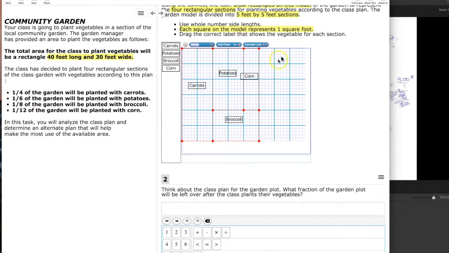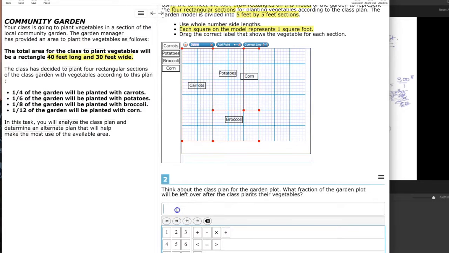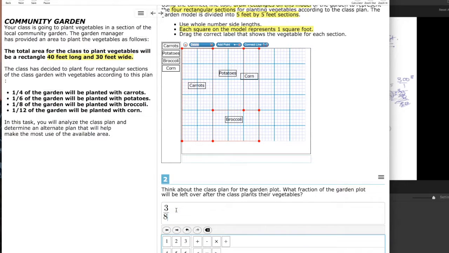Well, we've got 18 squares out of how many? We had 48 total. So we've got 18 of those 5 by 5 foot squares, 18 out of 48 total, which gives us 3/8. So there's the fraction of the garden that we have left over, okay, 3/8.